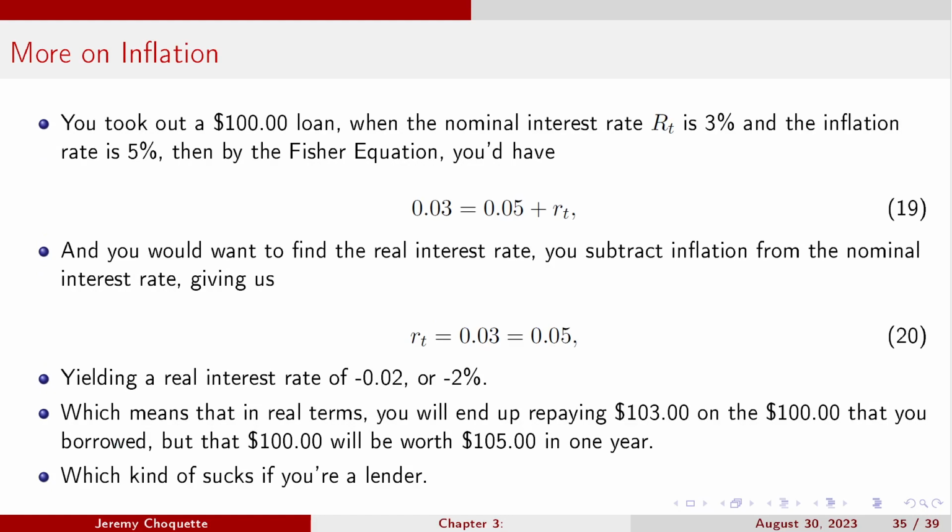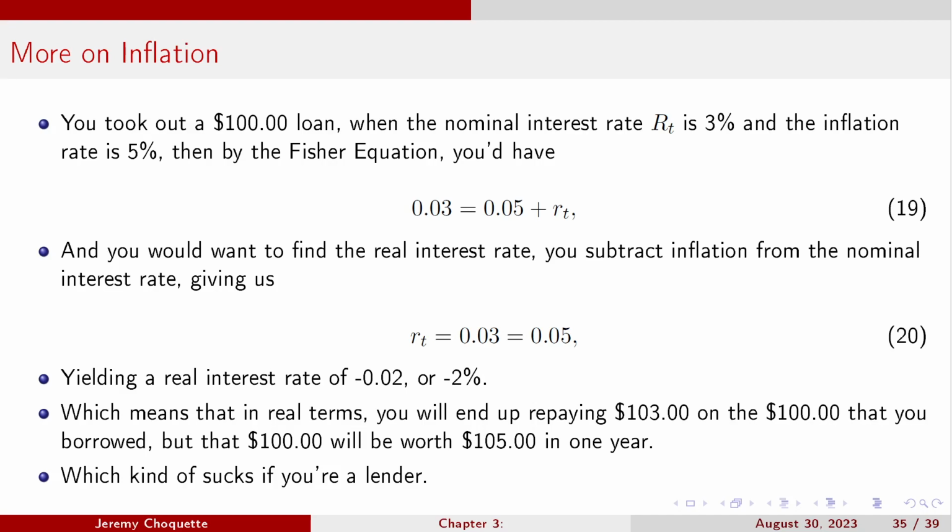So let's say you took out that $100 loan. When the nominal interest rate is 3% and inflation's 5%, by the Fisher equation you would get 0.03 equals 0.05 plus the real interest rate. Well, what's the real interest rate here? You've got to solve for it. You get the real interest rate being equal to 0.03 minus 0.05.